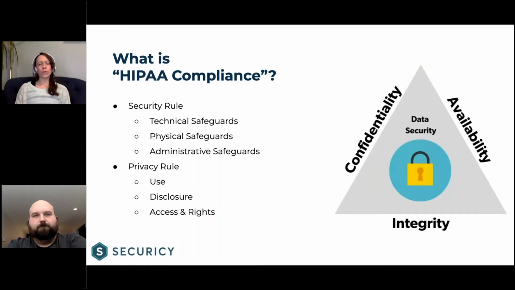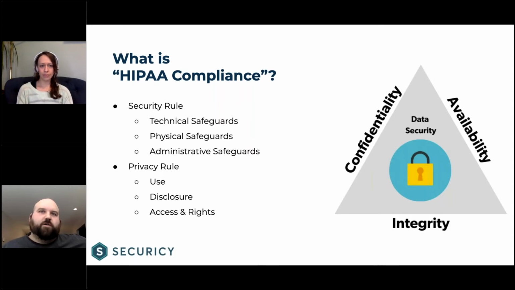And so when we're talking about HIPAA compliance, what are businesses asking about there, and why are they trying to become HIPAA compliant, especially if they're not a hospital or your typical healthcare entity?